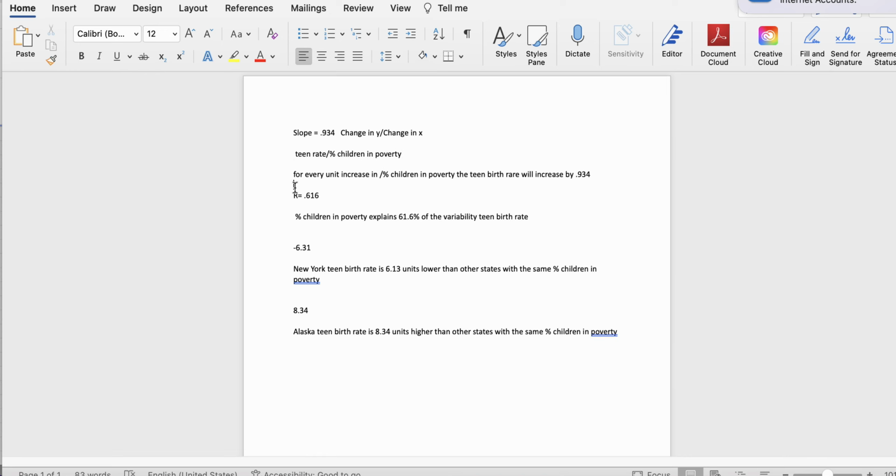So that ends the discussion of the slope. Next comes the discussion of r squared. And next comes the discussion of the residuals.